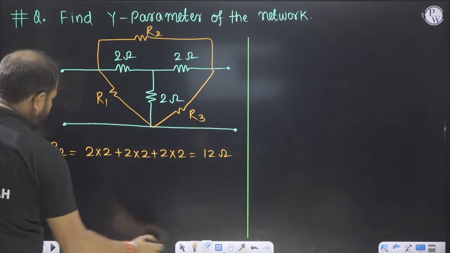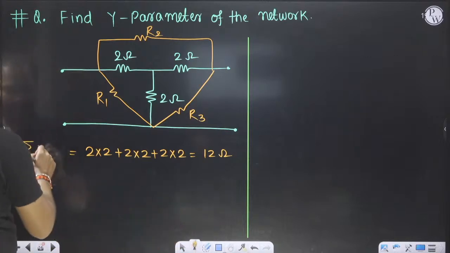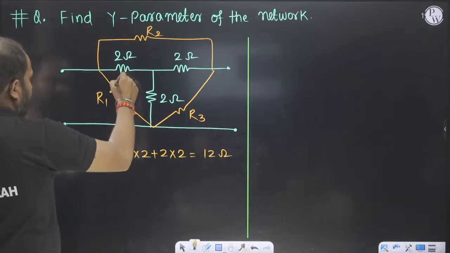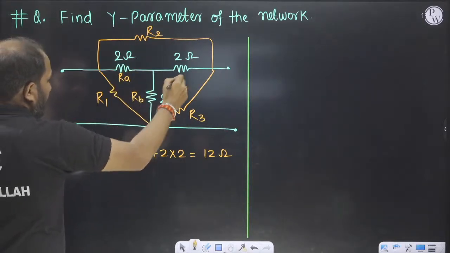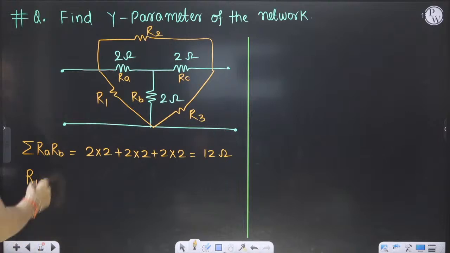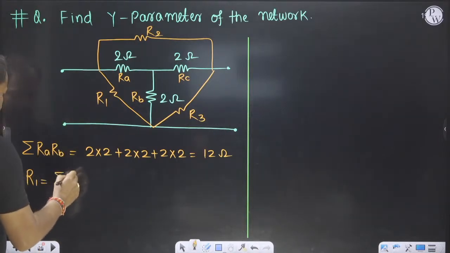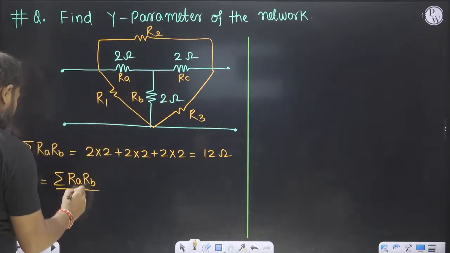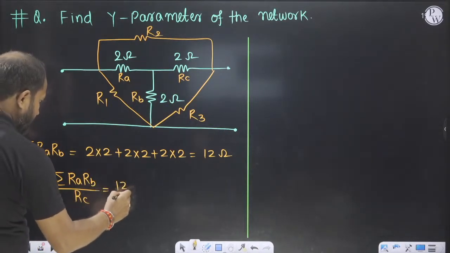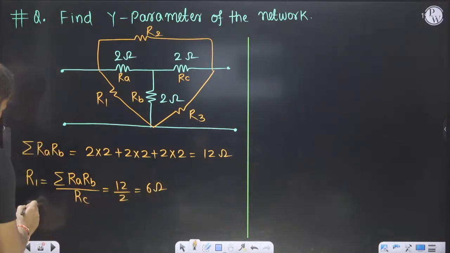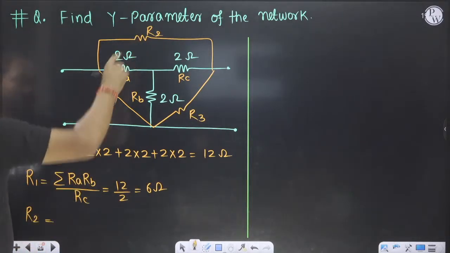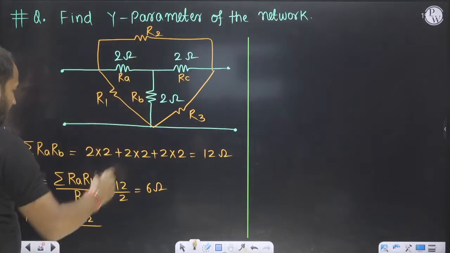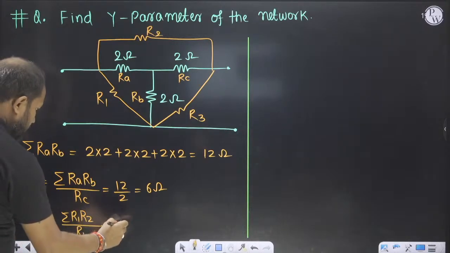And we have R1. R1 is equal to the summation of RA RB products divided by RC. So it will be 12 divided by 2, 6 ohm. Similarly, R2 will be equal to the summation divided by RB, so it will also be 6 ohm.